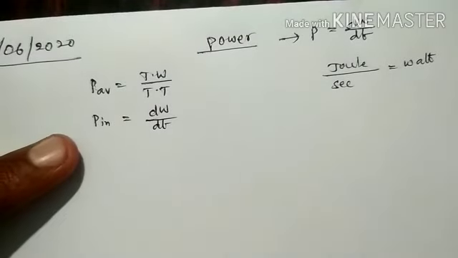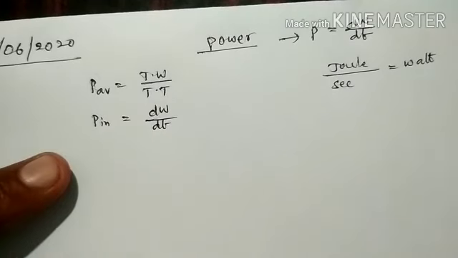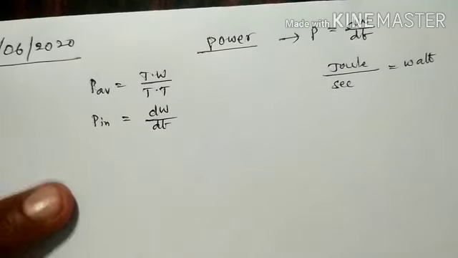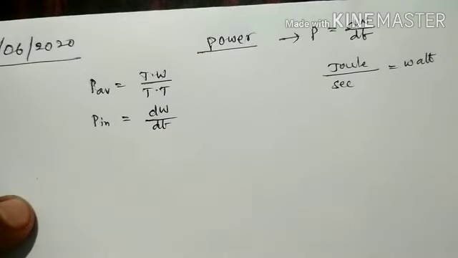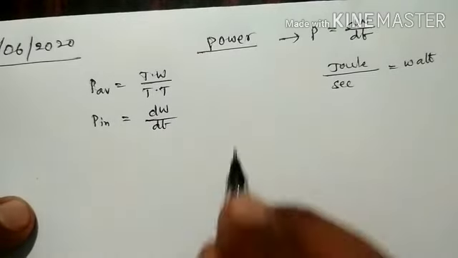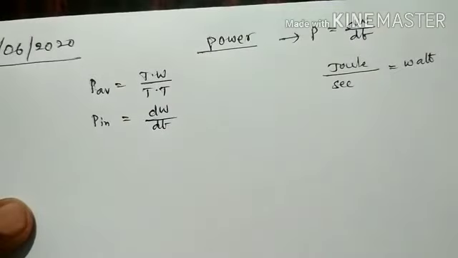So if work done is given as a function of time, then we can write the instantaneous power. We have also seen the relation that P average is equal to half of P instantaneous. So we stopped the class at that relation. Let us just revise this to continue further.